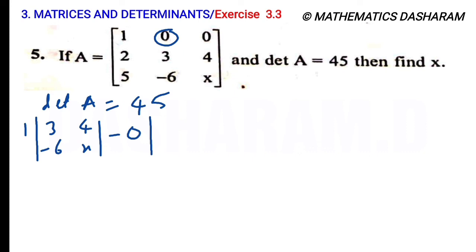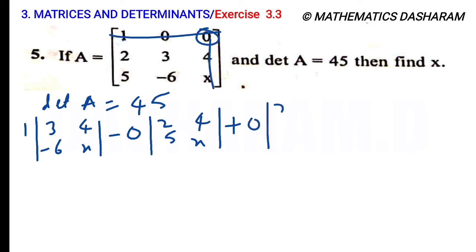For the second element take the minus, cancel the row and column: 2, 4, 5 x. Next, the third element is 0, so here plus 0 into mod 2, 3, 5 minus 6. It is equal to the determinant value given, that is 45.